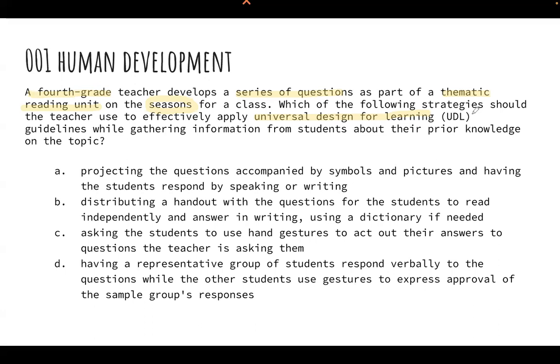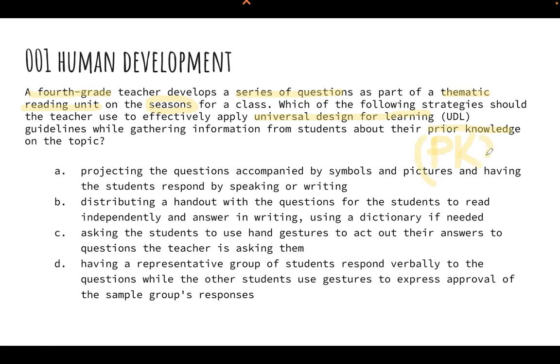My least favorite is the Madeline Hunter. I kind of feel like the other ones are all meh, except for the UDL, because it really takes into consideration where your students are at, developmentally, skills-wise, across the board. We're looking for the way in which to gather information from our students about prior knowledge. What is prior knowledge?